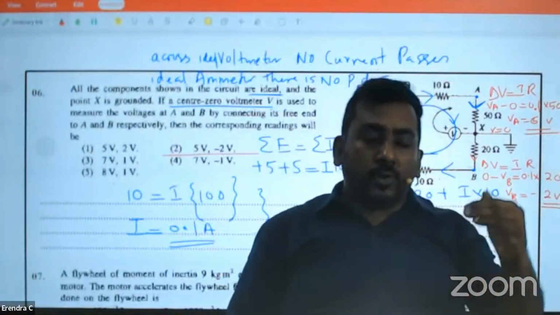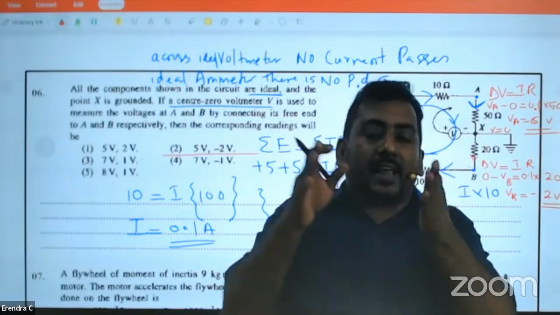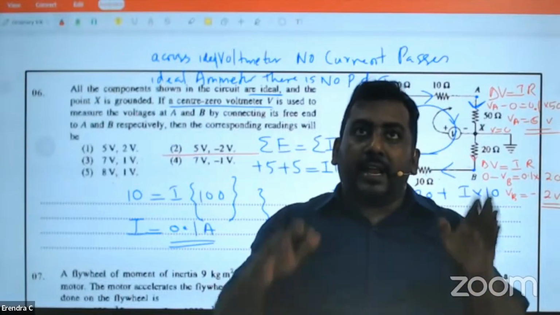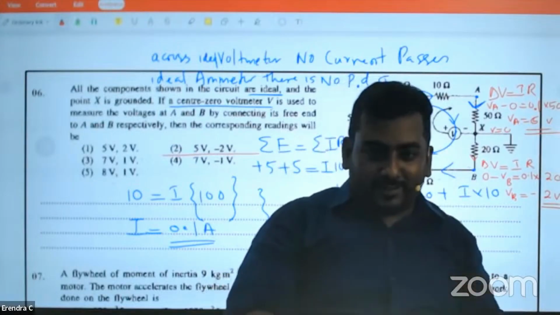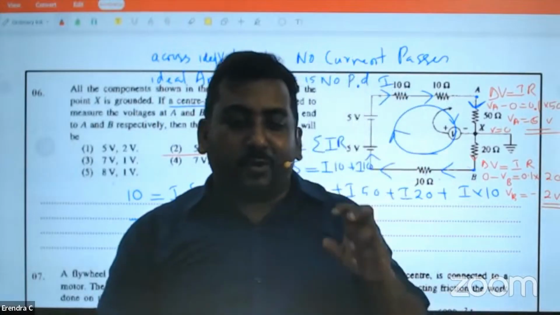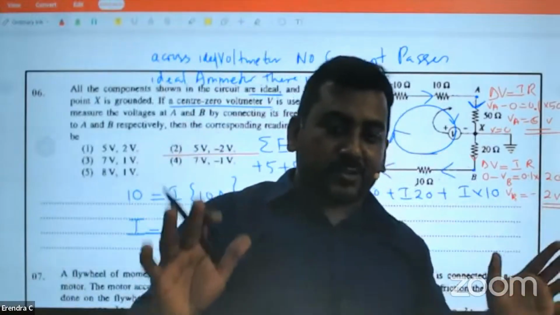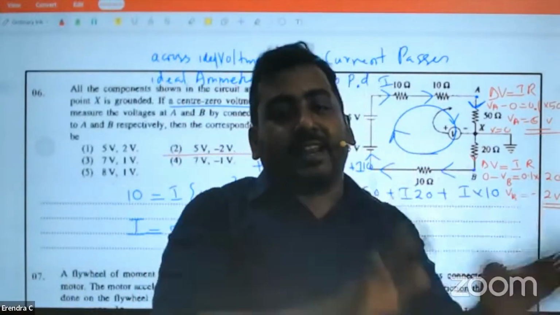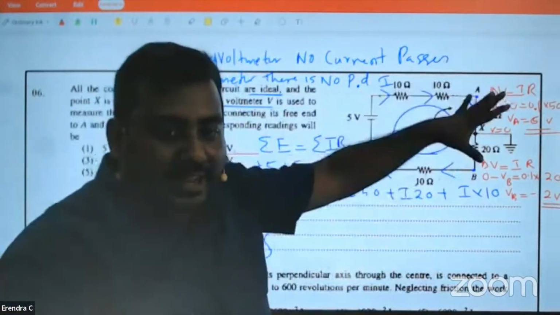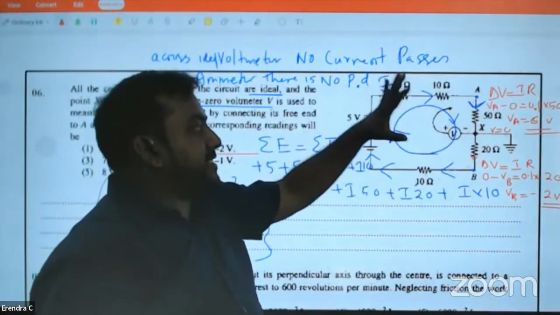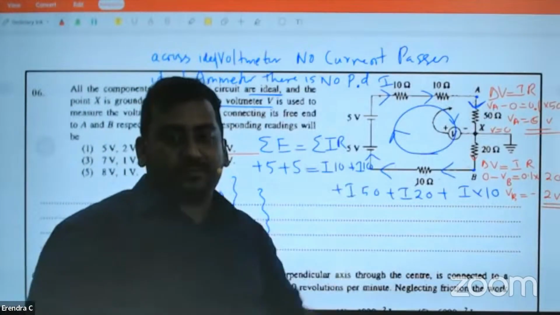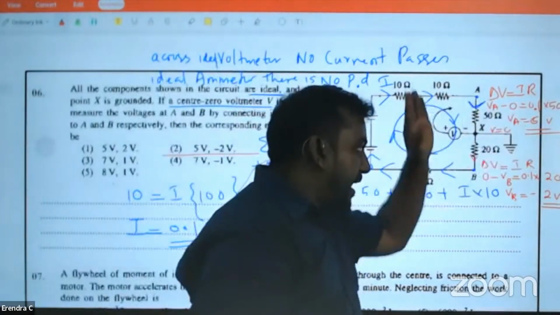One reason I'm doing this is you learn the correct way. Don't learn it the wrong way. My objective is to make sure whichever teacher you study with, that's no problem, there is no issue. But you learn it the correct way. The correct way will always get the logic correct for you. So here 5 volt is there, here minus 2.